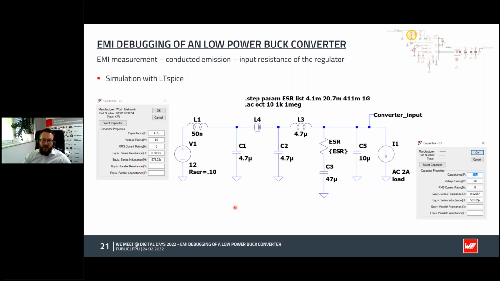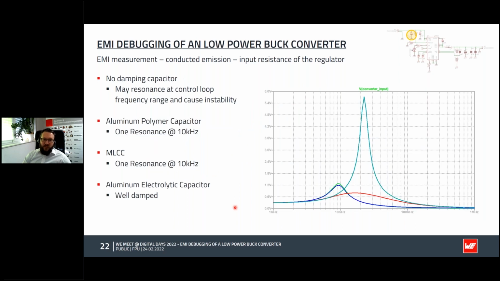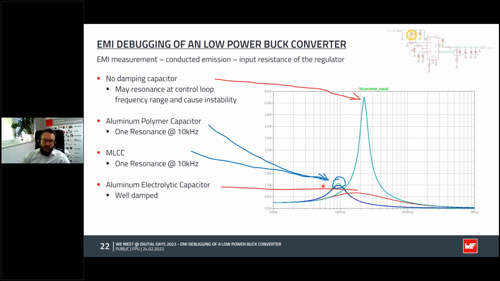If we have no capacitor at the input, which of course no one is doing, we have really high resonances, so it will again cause instability. For the polymer and the MLCC capacitor, we have some resonances at around 10 kilohertz. And when we use the aluminum capacitor, it's quite smooth, so the input circuit is quite damped.